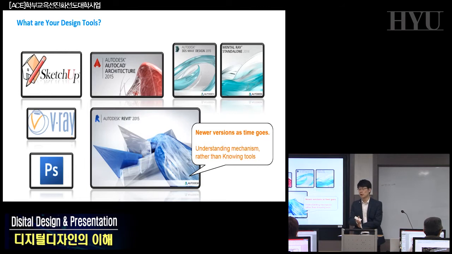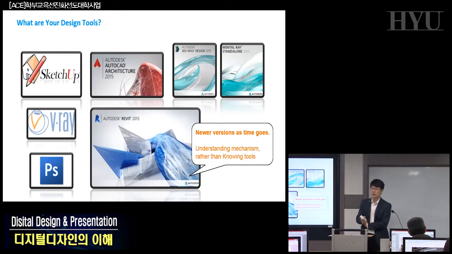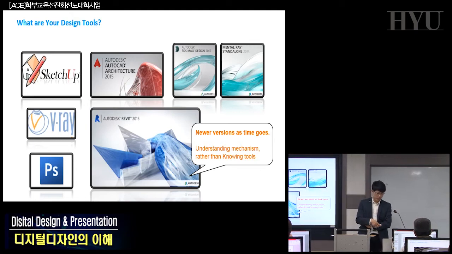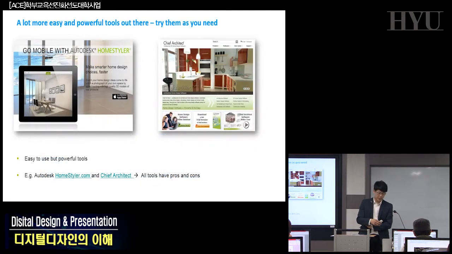That's just the GUI, user interface issues. That's what I told you before. You have to know the background theory behind technologies, the so-called mechanism, how it draws whatever you want in SketchUp or AutoCAD, and so on. Even 2D, 3D, whatever. That's my basic idea. A lot more easy and powerful tools are out there.